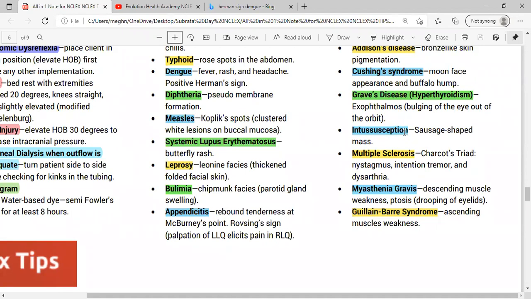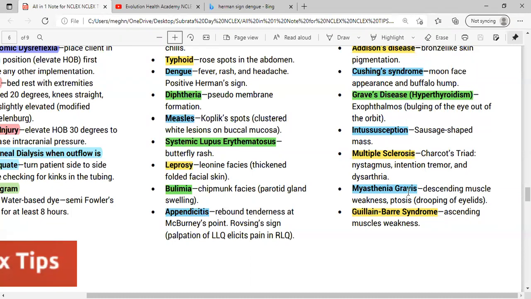In pediatrics, we find a sausage-shaped mass. In case of multiple sclerosis, we get three characteristic features called Charcot triad: nystagmus, intention tremor, and dysarthria.